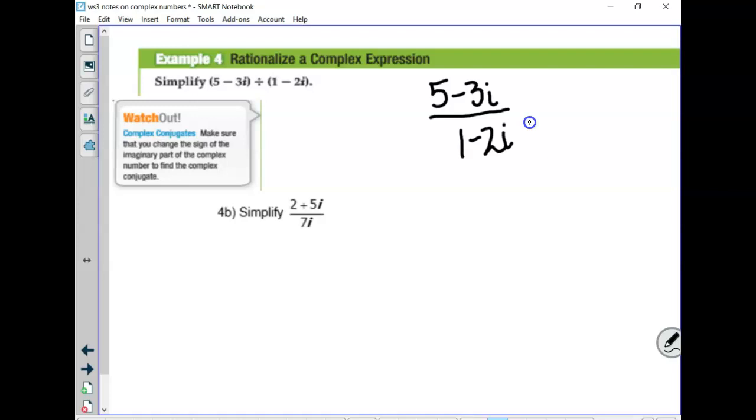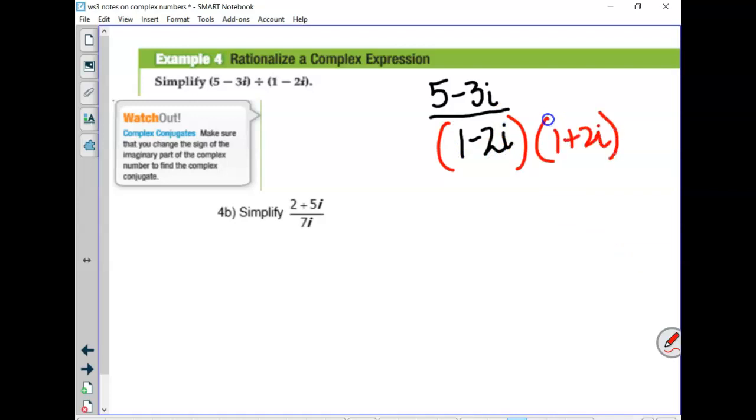So we have to get rid of it. Well, what did we just do that helped us get rid of an imaginary number and make it real? We multiplied by the conjugate. Remember when we did the conjugates, it came out real. So we need to make the denominator real. So what is the conjugate of that denominator? 1 plus 2i.